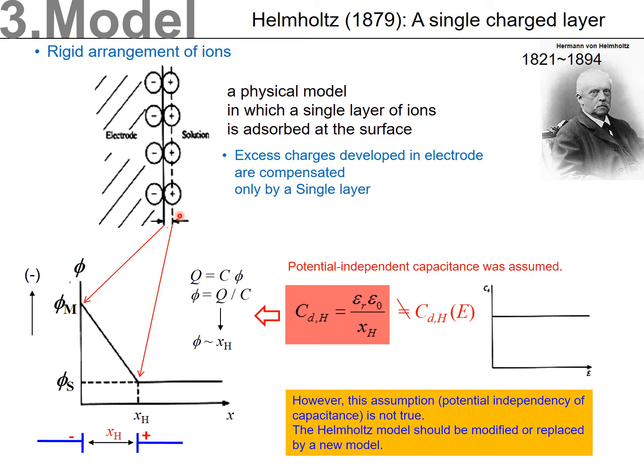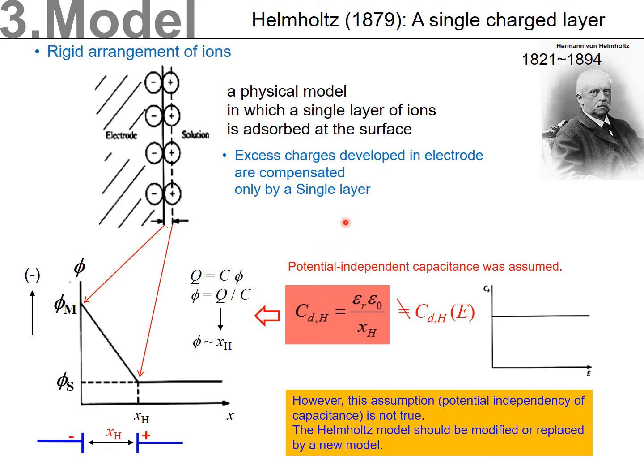The only thing we have in this model is just cations or anions to compensate the excess charges of the electrode. It is a very simple model. It was the first start for the electric double layer sketch.